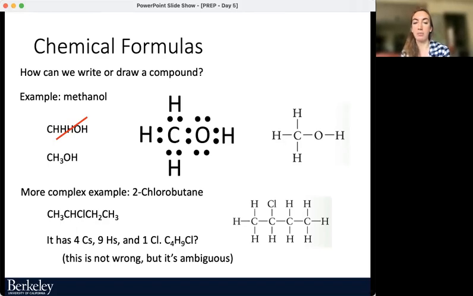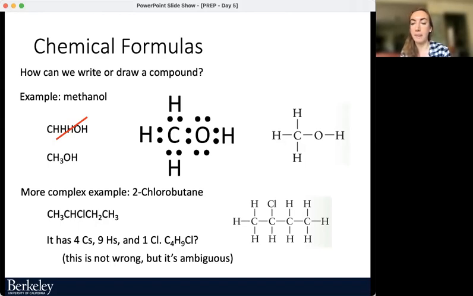So for now, I wouldn't worry about those rules. If you write H9C4Cl on your homework, that's fine. The most important thing right now is just keeping track of the total number of each type of atom involved. But yeah, we normally write the carbons first.